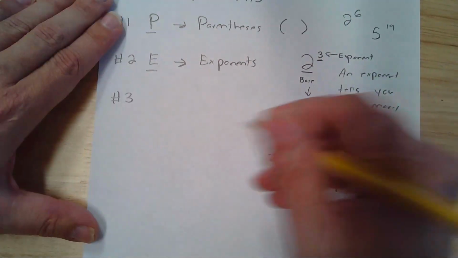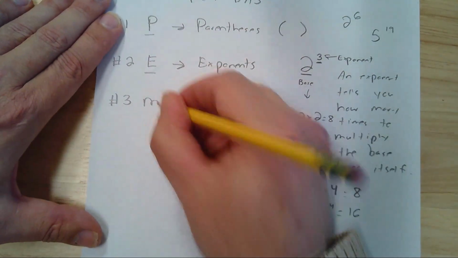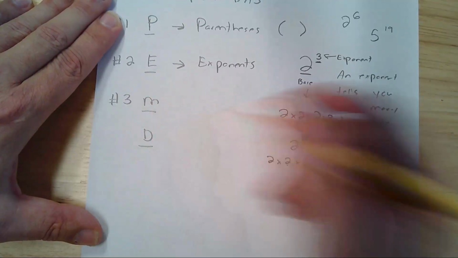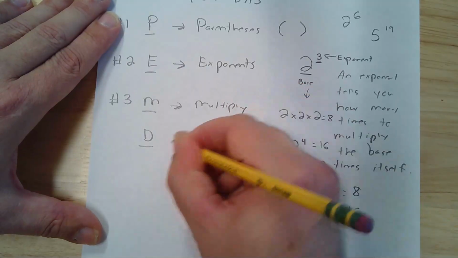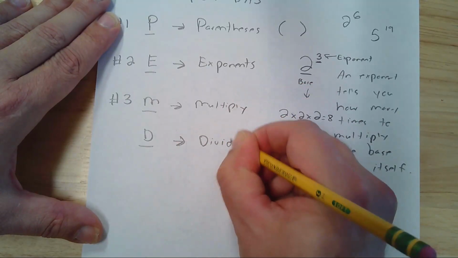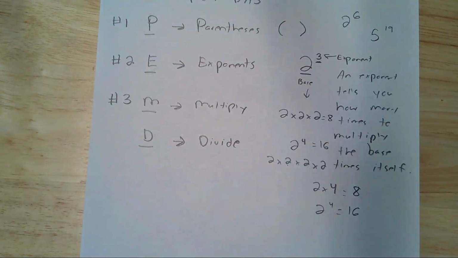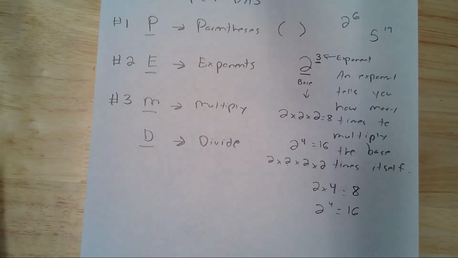Now, step 3 is 2 letters, the M and the D. The M is multiply, the D is divide. So what I'm saying here is after I get rid of all my brackets, or parentheses, if you will, there shouldn't be any left.